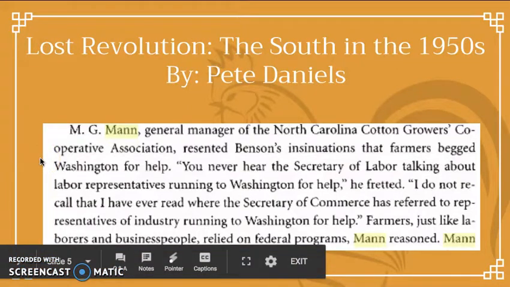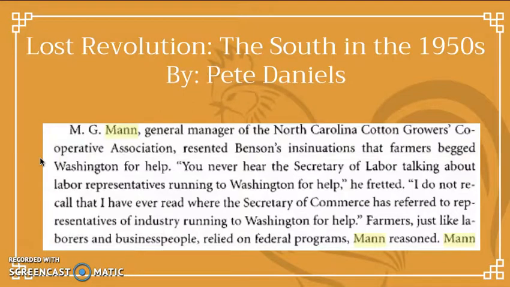The quote, "M.G. Mann, general manager of the North Carolina Cotton Growers Cooperative Association, resented Benson's insinuations that farmers begged Washington for help. 'You never hear the Secretary of Labor talking about labor representatives running to Washington for help,' he fretted.